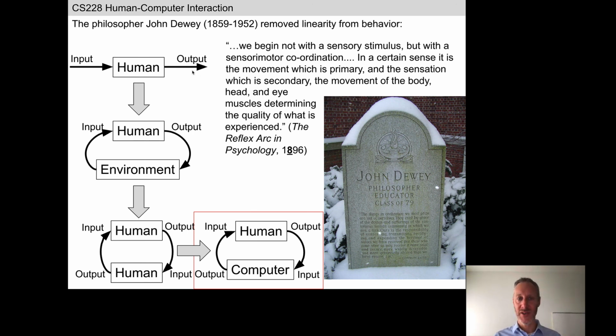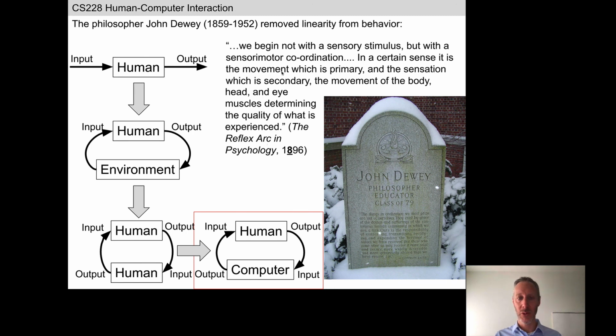Output comes first. Output influences the environment, and that change in the environment is then sensed by the human. And it is that action, the movement of the body, that determines the quality of what arrives on our input channels, that arrives on our sense organs. He refers to this as the arc, which maybe wasn't the best choice of words.